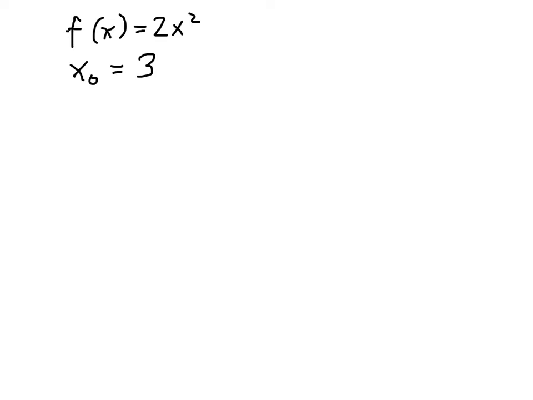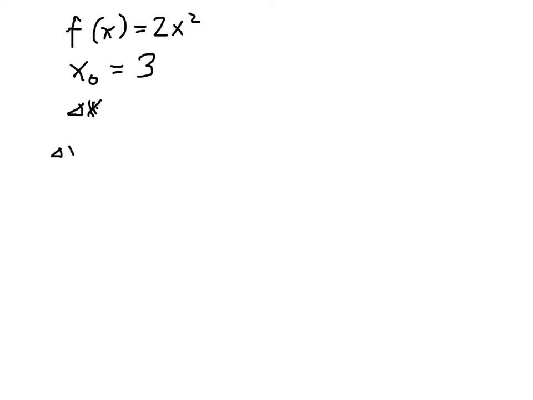Let's continue to let the position of the bus be given by 2x squared, measured in meters, where x is the time measured in seconds. And let's calculate the average velocity between time 3 seconds and any later time. So we'll let delta x equal any number, although we're generally going to think of delta x as being a small number.